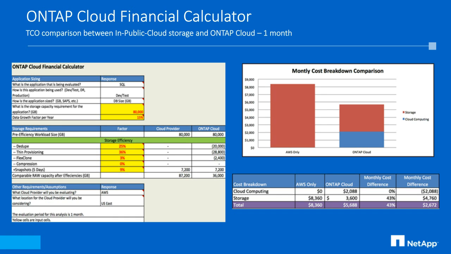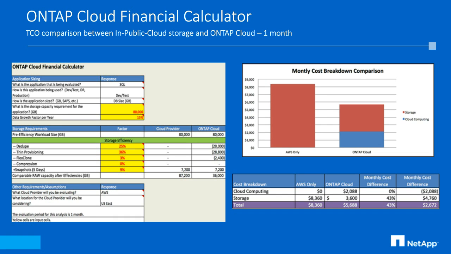So SQL workload, roughly 80 terabytes, leveraging one of the larger OnTap Cloud systems, modest efficiency ratings. Again, you're going to be consuming the full 80 terabytes and then the extra growth, for what you need for a period of time. And then you have the OnTap Cloud system. Again, because of the storage efficiencies, you need to provision less overall raw storage underneath an OnTap Cloud system.